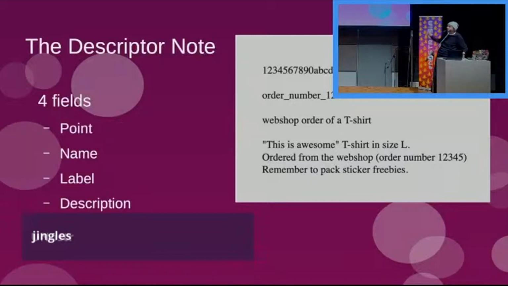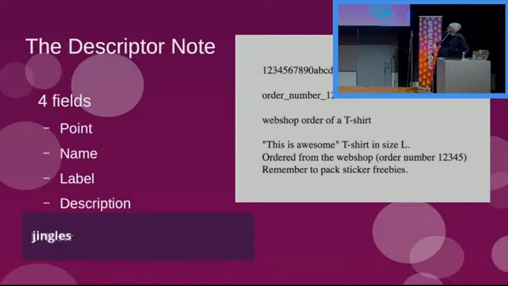We can see an example of one up here, where there's a hash to begin with, or some kind of hex value, which is kind of unreadable. Then we put in a human-readable name, where we call it order number 1, 2, 3, 4, 5, and all of a sudden we have an identifier, we kind of know what it is.